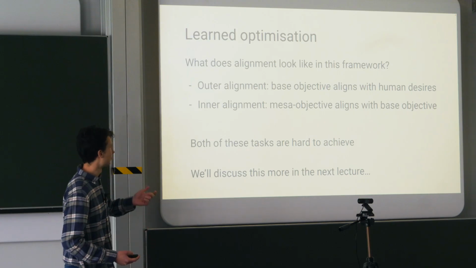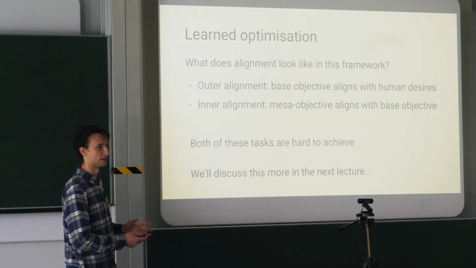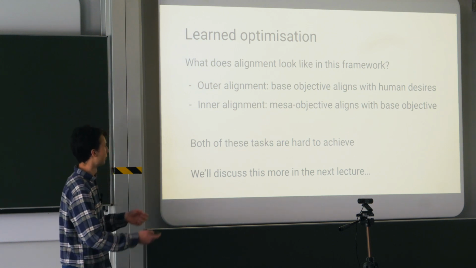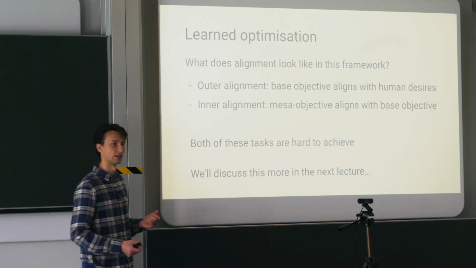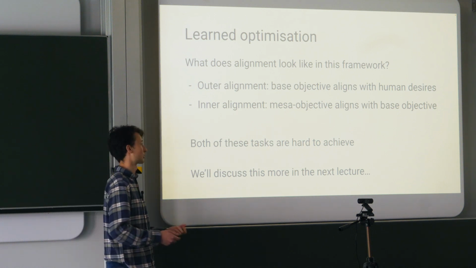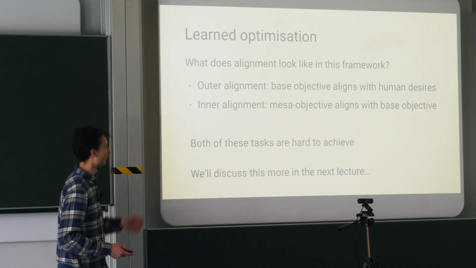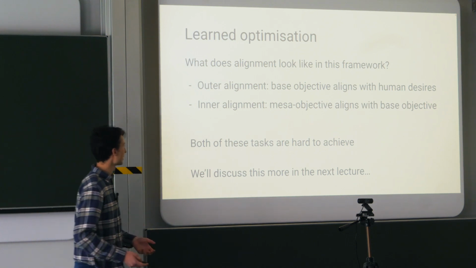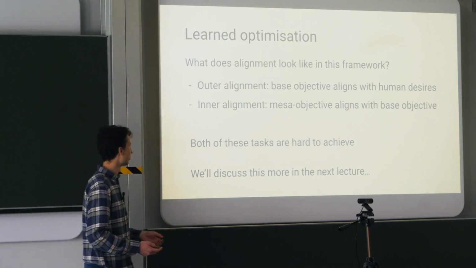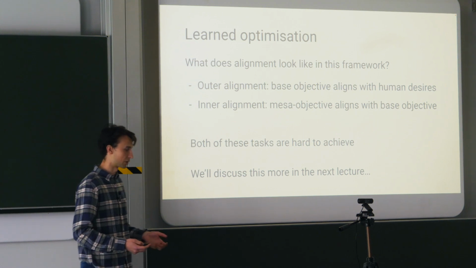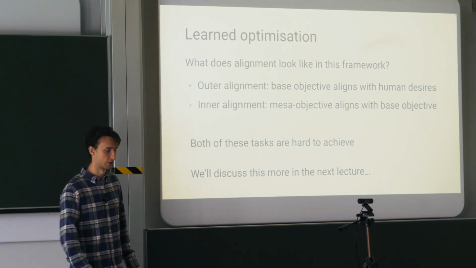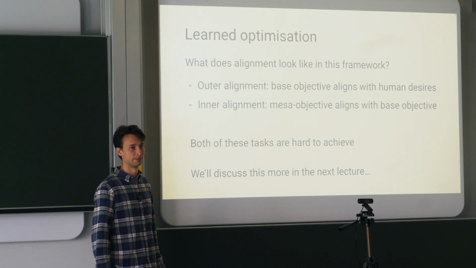If the base objective really aligns with what we want, and also the mesa objective aligns with the base objective, then the mesa objective must align with what we want. But if either of these things goes wrong, then it's most likely the system's not going to be doing what we want. I'm going to claim that both of these tasks are quite hard to achieve, and I'm going to go into that in a lot more detail in the next lecture.